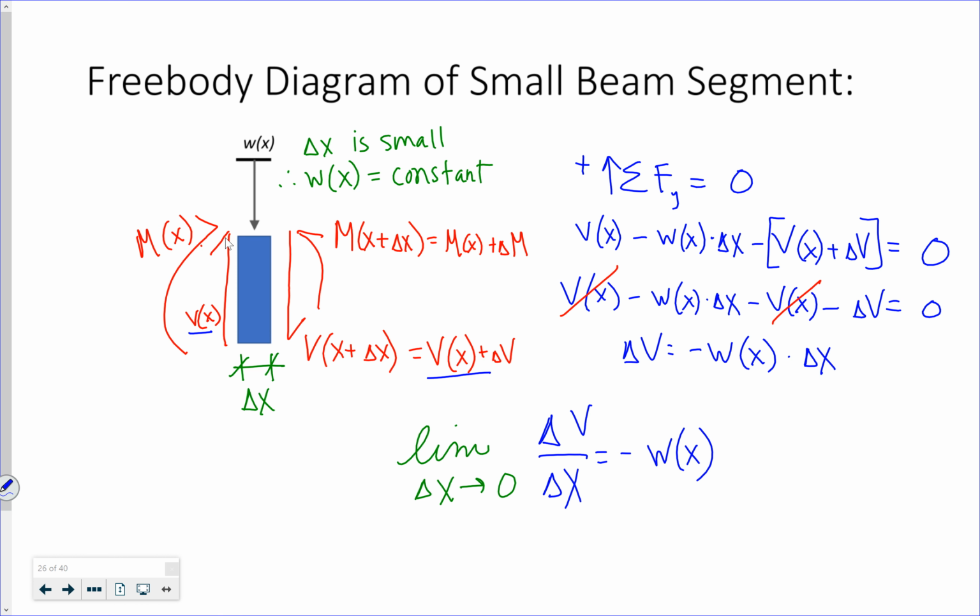And what I've basically just decided is the derivative of shear with respect to x is negative the distributed load function. The reason why it's negative is because it's acting down, and I chose up as positive. So that's the only reason it's negative.